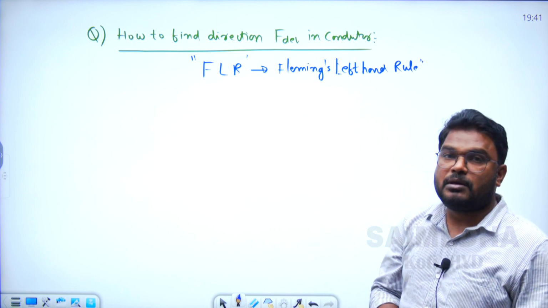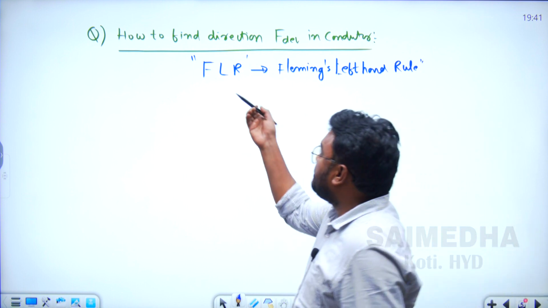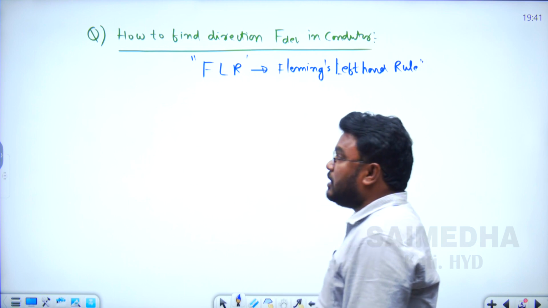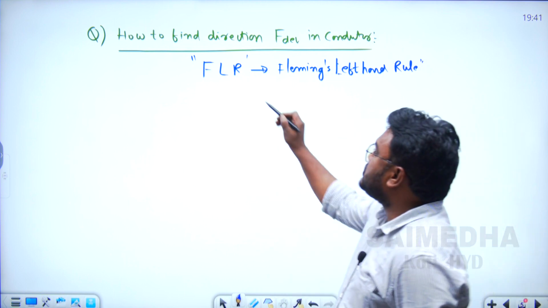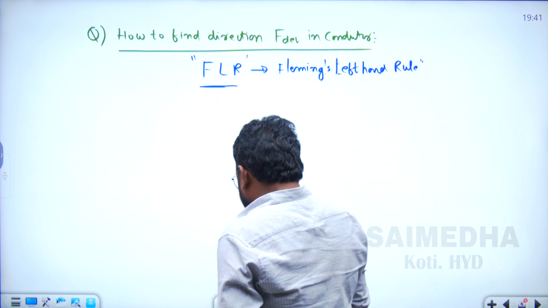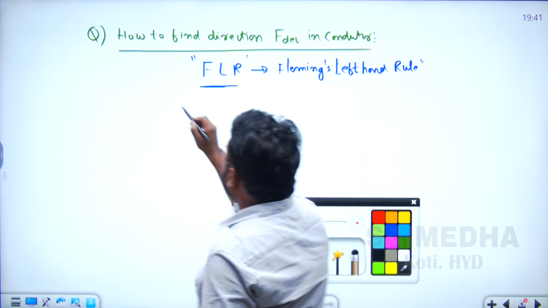This is also one of the possible questions. How do we find out the direction of the force developed in the conductor? In general, what is the purpose of the FLR?